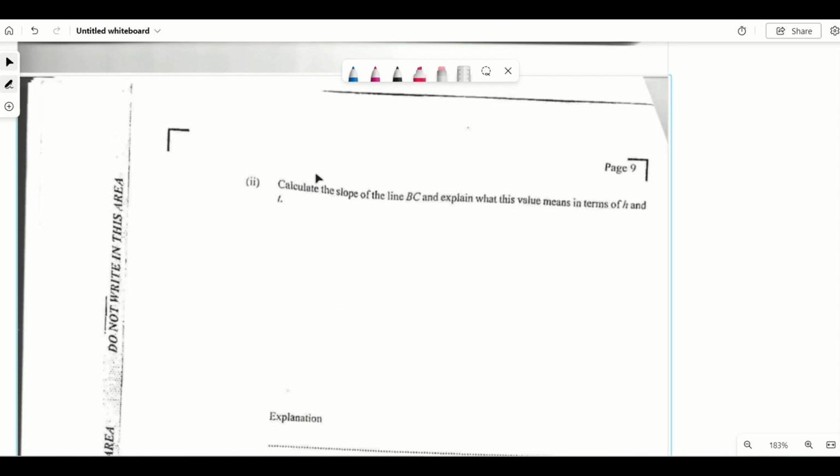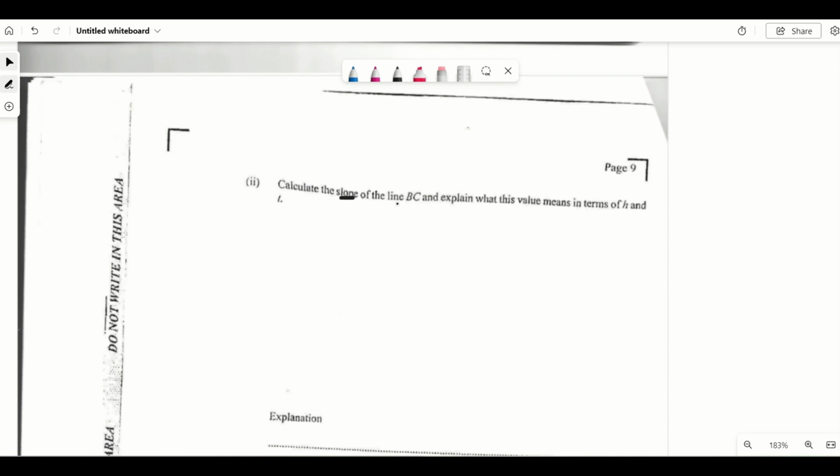The second part says, calculate the slope of line BC and explain what this value means in terms of H and T. First of all, slope is our next word used for gradient. So when you hear the word slope, it just means they're asking you for the gradient of BC.